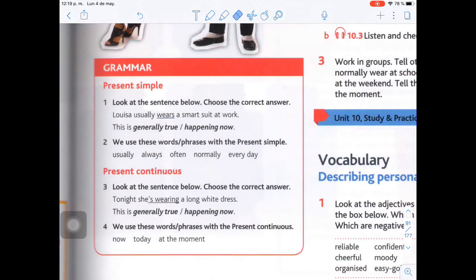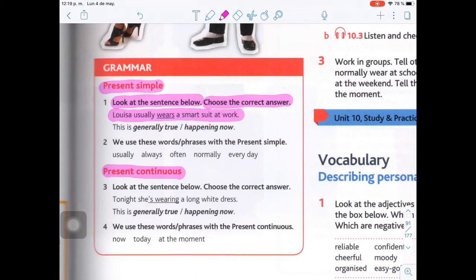Okay, in the grammar box, we have the present simple explanation and we have the present continuous explanation. It says in the present simple, look at the sentence below and choose the correct answer. So the sentence is, Luisa usually wears a smart suit at work. And they are asking us to select, this is generally true or is it happening now?